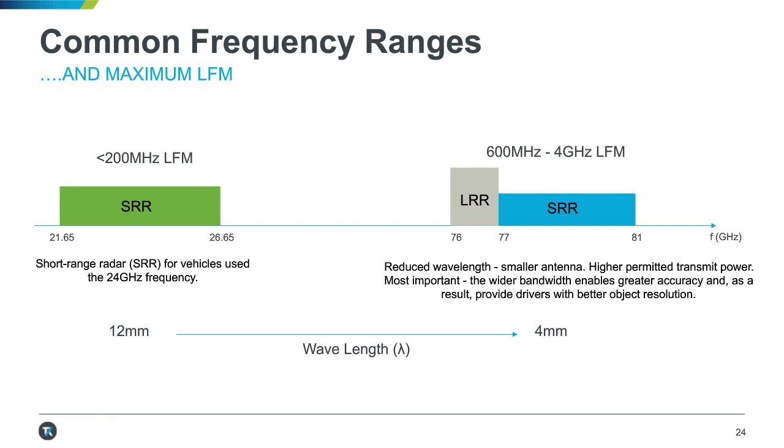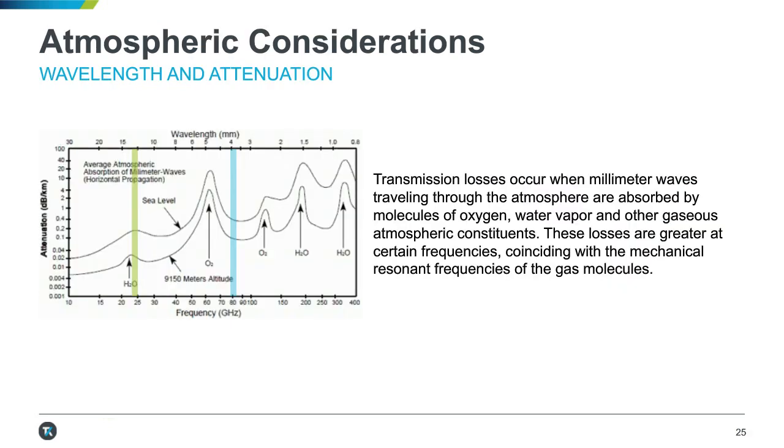So I've talked about wavelength. One thing that we have to consider in high-frequency transmissions is that eventually you'll hit a wavelength that is equal or proportional or close to or divisible by a molecule of oxygen or some water vapor or some other gaseous constituent in the atmosphere. And these losses can be high at certain frequencies, and a little lower at other frequencies. So I put a green and a blue line in this graph to show where the two bands lie.